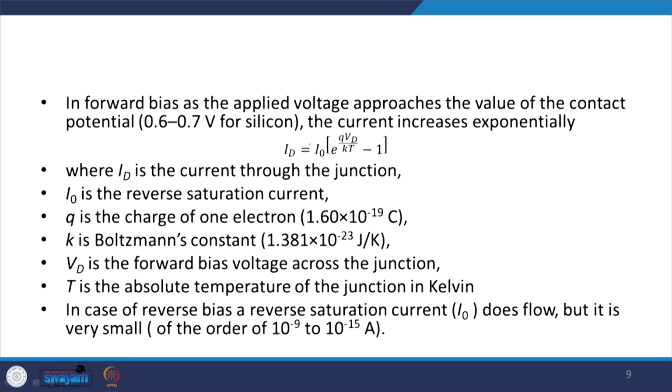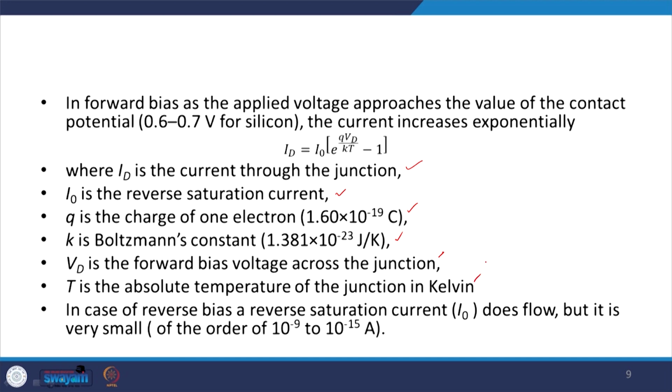And this current is given by Id = I0 (exp(qVd/kT) - 1), where Id is the current through the junction, I0 is the reverse saturation current, q is the charge of one electron, that is 1.6 x 10^-19 coulomb, and k is the Boltzmann constant, that is 1.381 x 10^-23 joule per Kelvin. And Vd here is the forward bias voltage across the junction, and T is the absolute temperature of the junction in Kelvin.